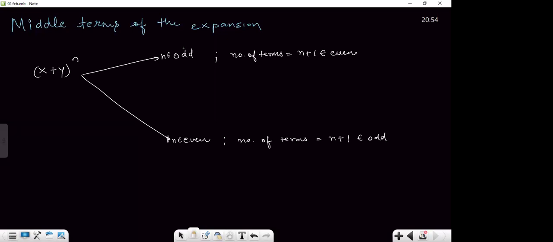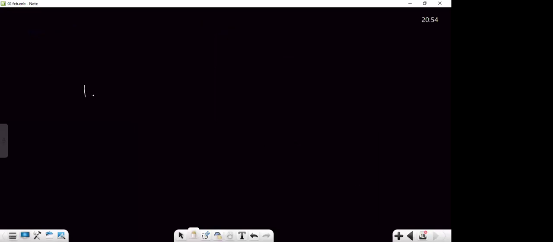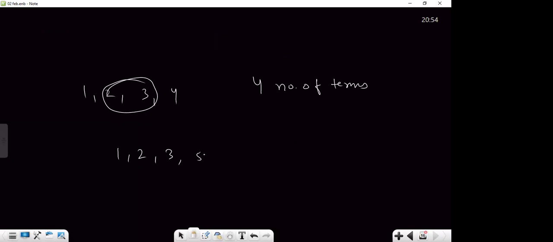Yes. So if n is odd, then the total number of terms will be even. So in that case, you'll be having two middle terms. Let's take a layman example. If I write 1, 2, 3, 4, these are four terms, which is an even number. So here there will be two middle terms. If I write only 1, 2, 3, 4 and 5, these are an odd number of terms.